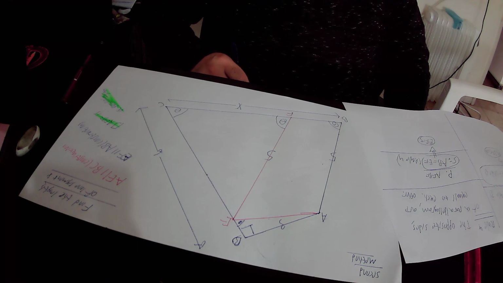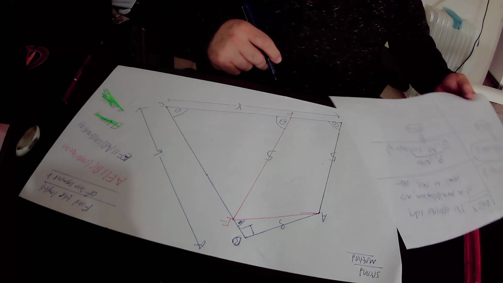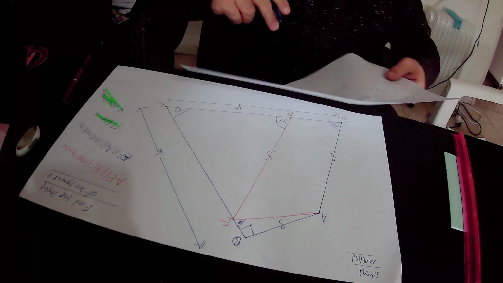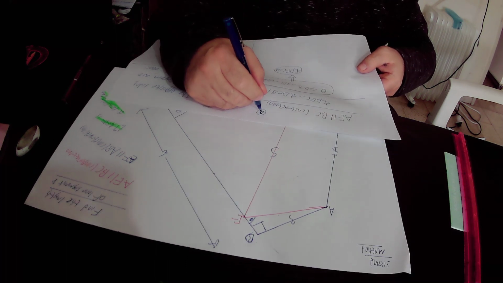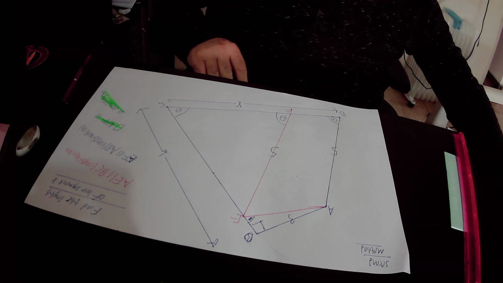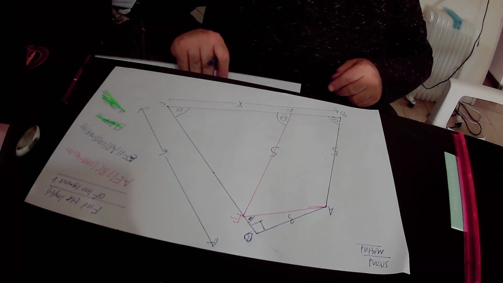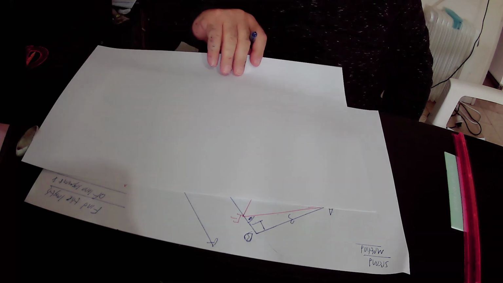Now we will focus on the right triangle EFC. In this triangle EFC, those two angles are equal to each other. So I write it down.